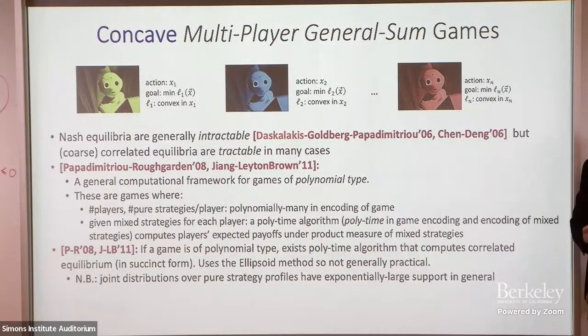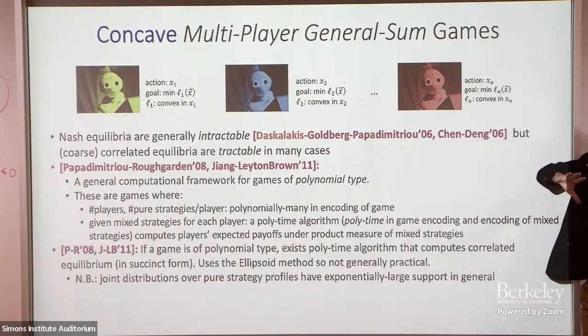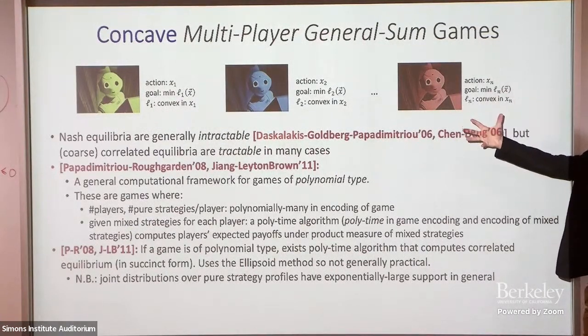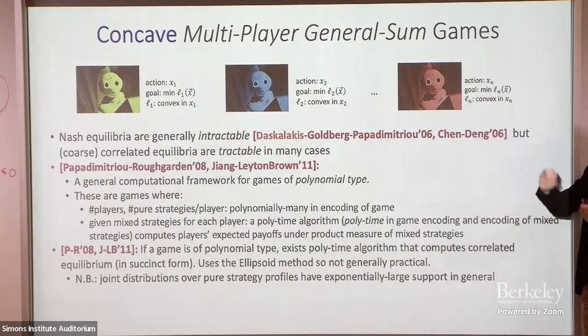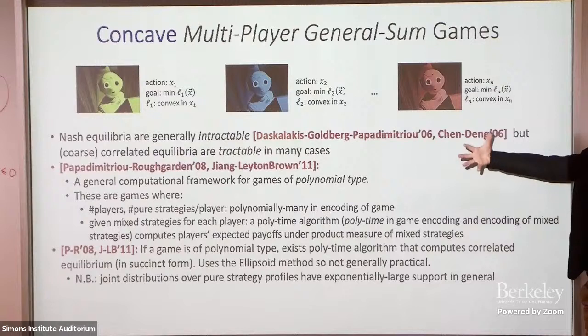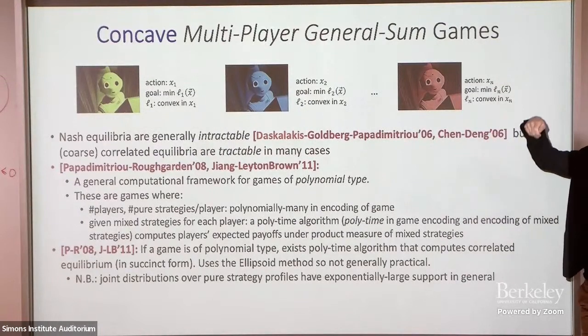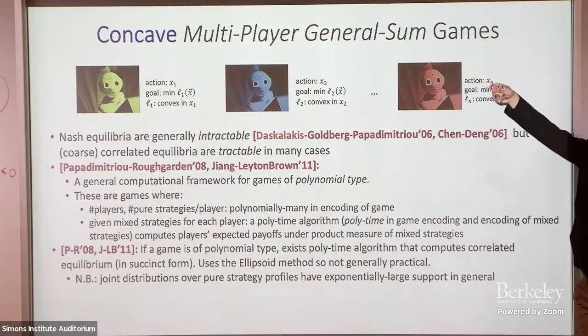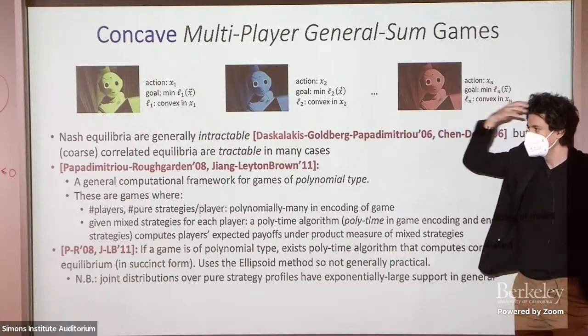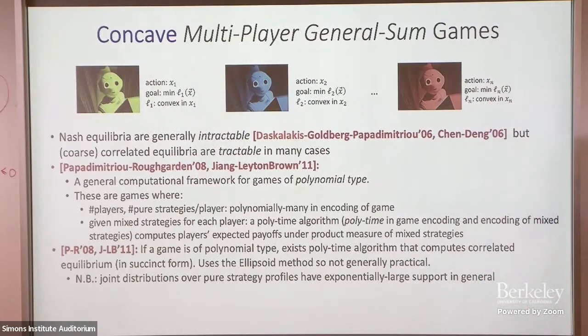It doesn't just compute a correlated equilibrium, which could be an exponentially large object. You have polynomially many players with polynomially many strategies each, so the joint strategy profiles are number of actions to the number of players, which is exponentially many. However, the method identifies a low complexity one. So that's pretty cool.